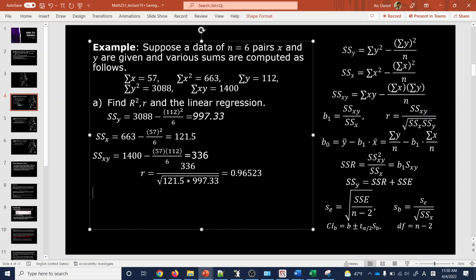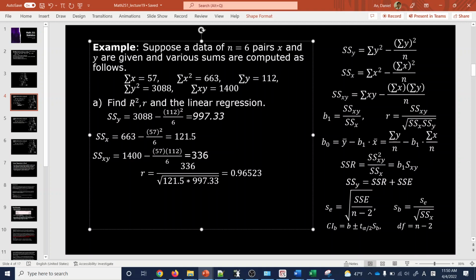It all depends on the data size. We only have 6 pairs of data, so degrees of freedom is 6 minus 2, so it's just 4. In that case, to be significant you really need a high number, but I'm pretty sure this is really high. It's close to 1, so it's good enough.